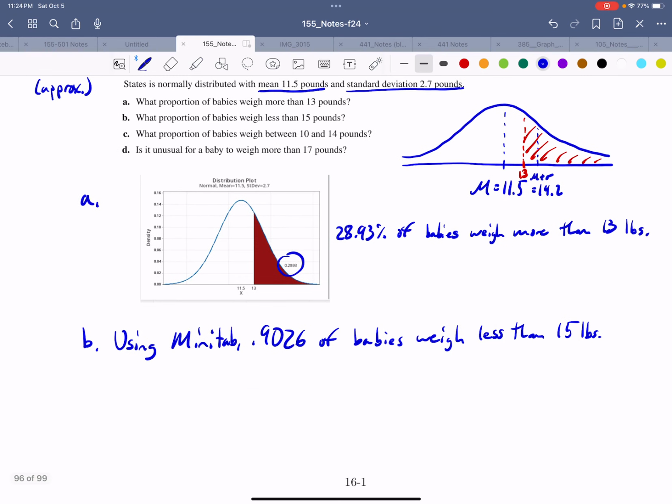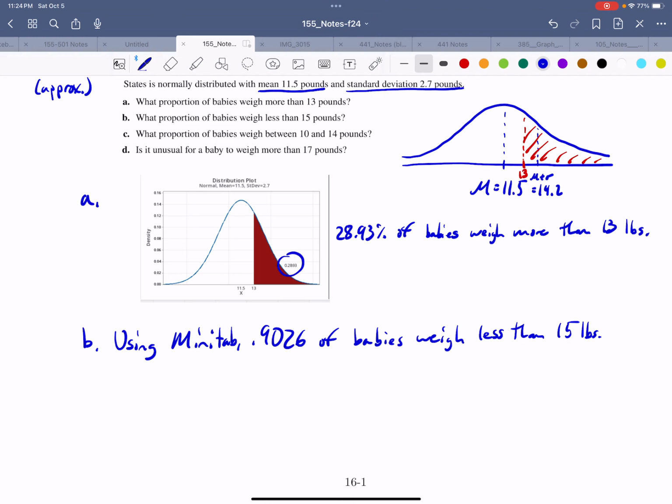Now, what is actually happening when Minitab does this? Well, I'll write this out a little more formally on the next page. It's taking the raw scores, converting them into z-scores, and then it's doing the same sort of z-score trick that we did before, using the table or using Minitab, however you want to say it, because the standard normal curve is very well studied.